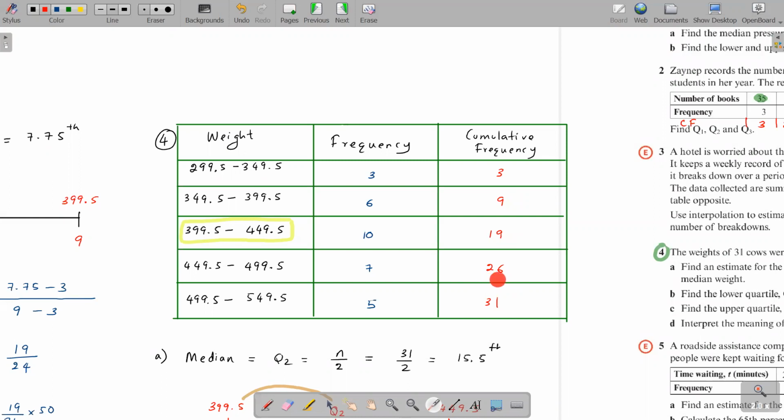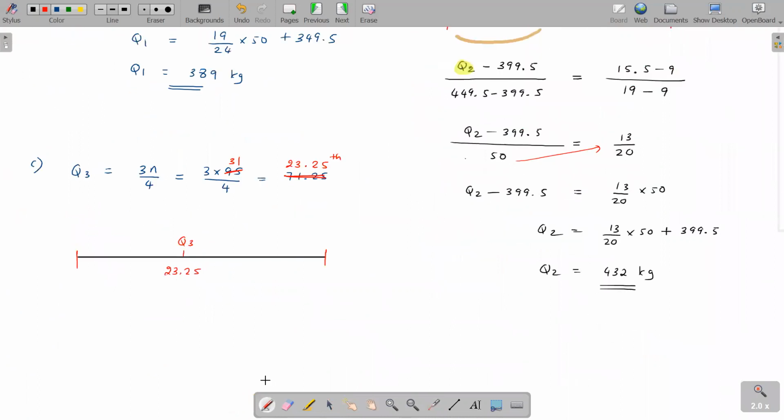Therefore, the Q3 value is in between 449.5 to 499.5. So Q3 is going to be in between that.